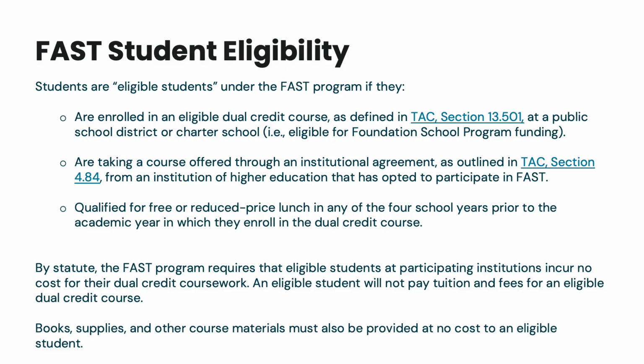I think that particular definition was changed in the last legislative session to make it clearer as to who the students could be, especially in some of the more nuanced programs that we have. But by statute, the FAST program requires that students incur no cost as part of the dual credit coursework. So again, books, tuition. It has continued to go up. The FY25 rate was $56.87 per semester credit hour.